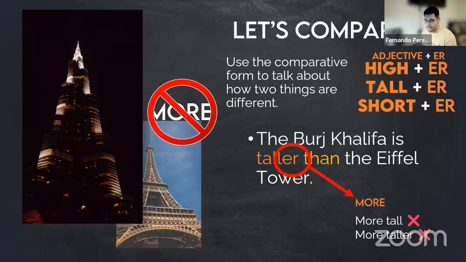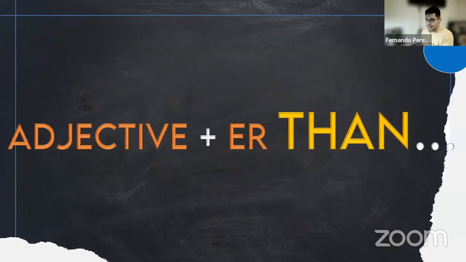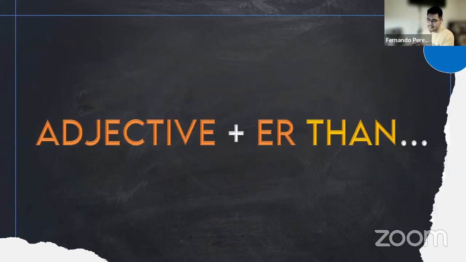So, in general, we need to remember this information. Here you have a description, which grammatically is called an adjective. And then you need the connector than. This information is, let's say, kind of a formula. What's a good name for it?